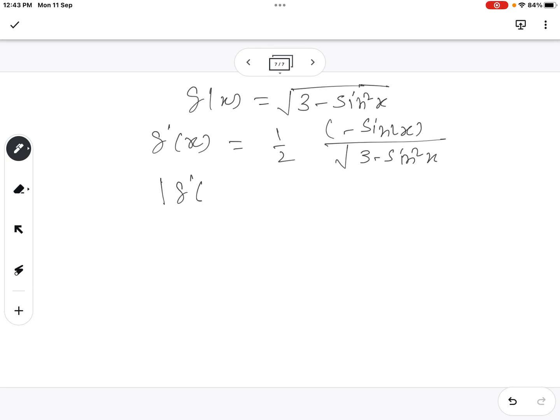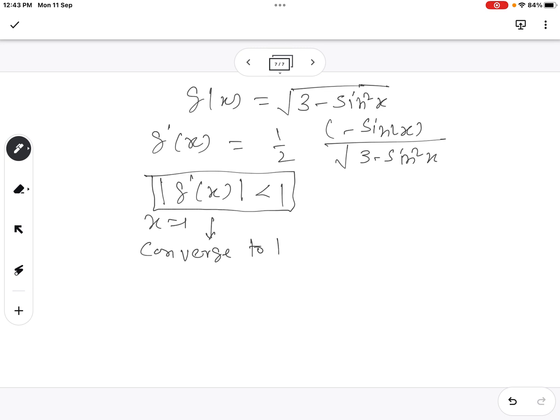If I look at this value, let us say at x equal to 1, this value comes out to be less than 1. It means that the necessary condition is satisfied, and so the successive approximations will converge to the root.